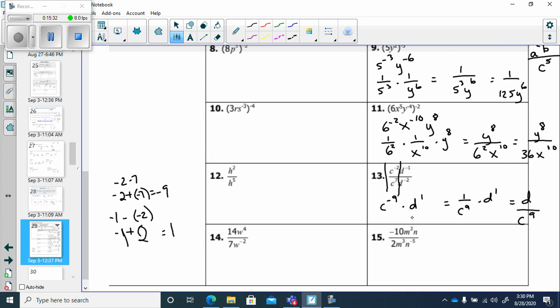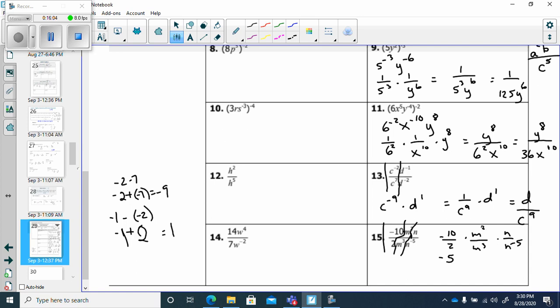And then 15. Let's split these up. Here are your coefficients. Then you got your m's and you got your n's. Okay? That's -10 divided by 2 times m to the second over m to the third times n over n to the -5th. -10 divided by 2 is -5.